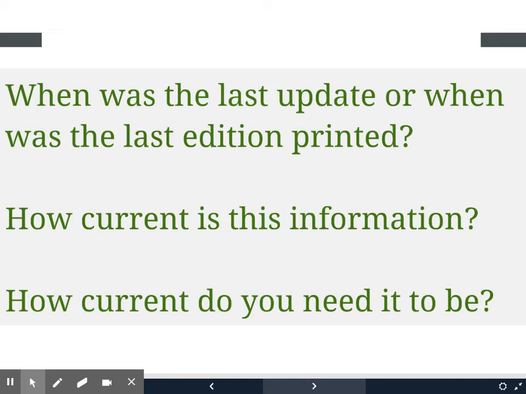However, if you are looking up information for a report on the habitat of ostriches, and the last time it was updated was like 2012, that's okay because the habitats of ostriches haven't really changed much in the last 8 years. So always be aware of what you're researching and how up to date you need the information to be. So currency stands for how current is the information.